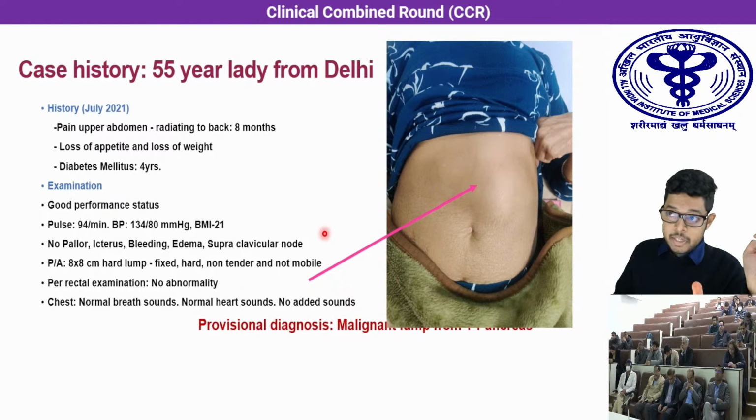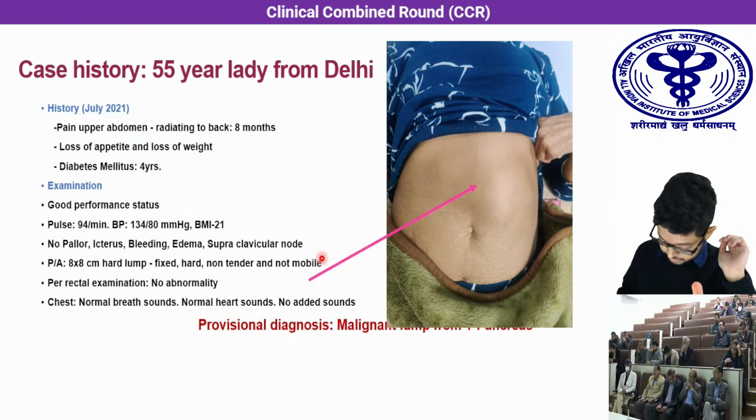She was not pale or icteric, with no bleeding, edema, or supraclavicular node. Per abdomen examination revealed an 8 by 8 centimeter hard lump, which was fixed, non-tender, and not mobile. Per rectal examination was normal. Breath and heart sounds were normal, with no added sounds. So the provisional diagnosis is a malignant neoplasm, probably arising from the pancreas.